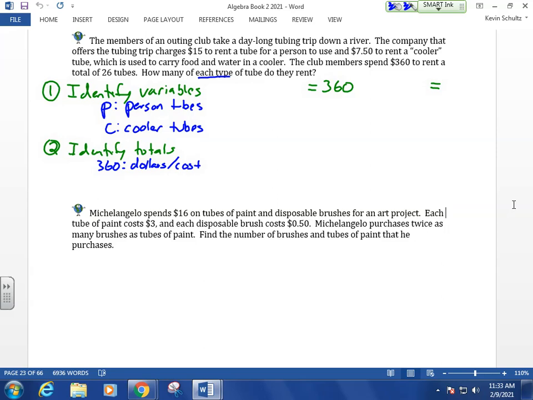So when we write that equation, we'll be talking about money. How much does something cost? Okay, what's the other total? It even has the word total right before it, almost right before. Audrey? 26, right? Total of 26 tubes, and that's the number of tubes. Okay.